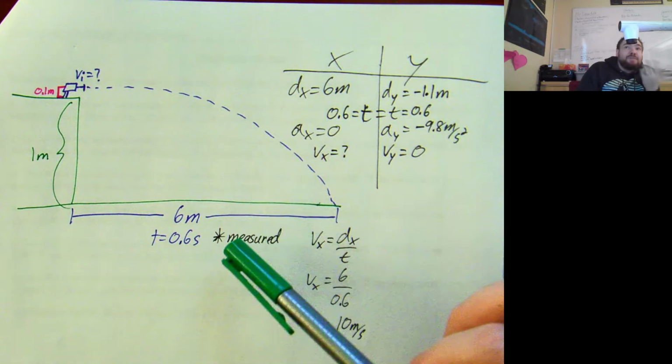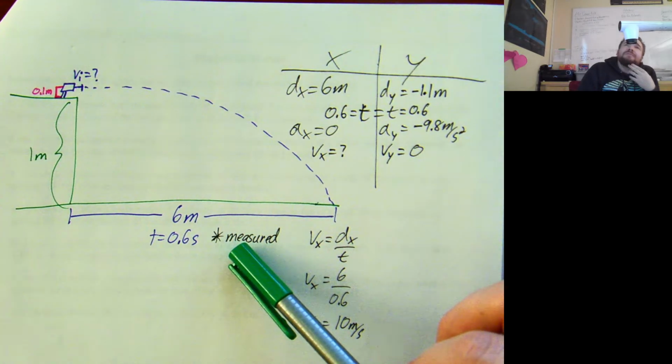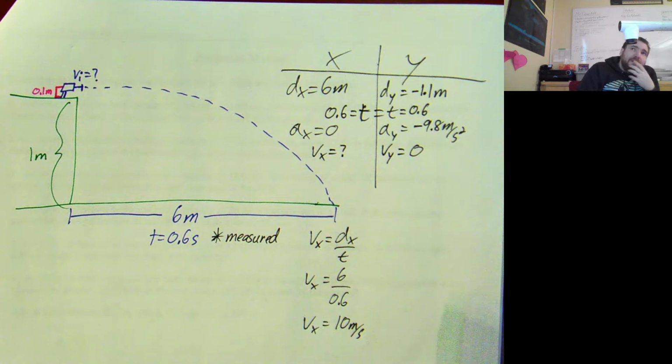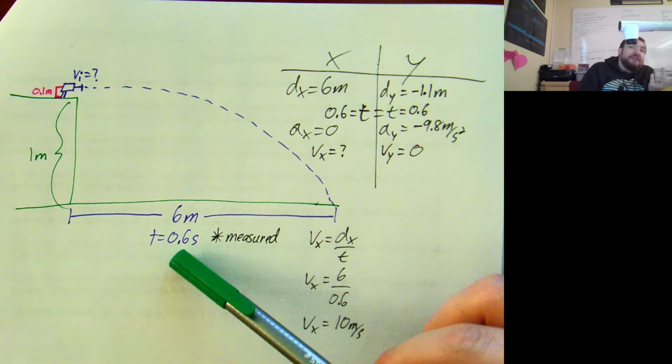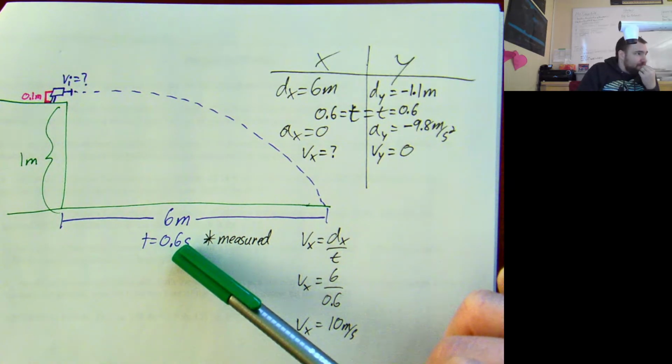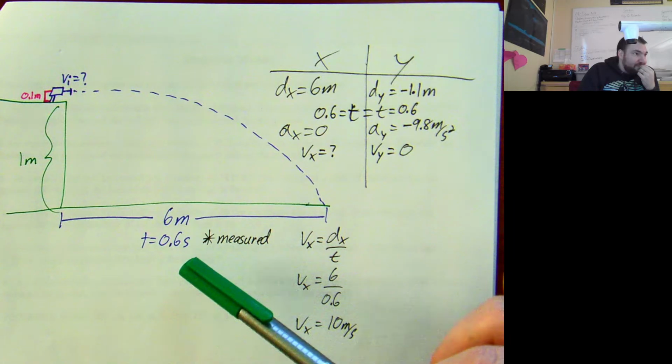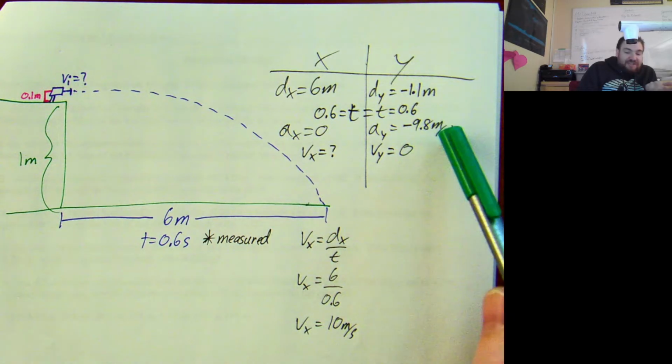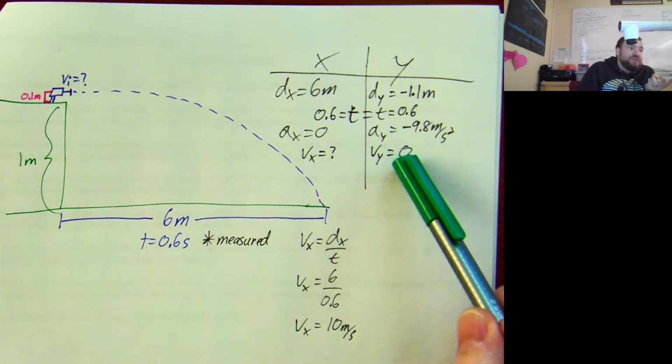But I told you this was measured. Do we have a way of figuring out if that's accurate? Well, we know what the acceleration due to gravity is. We know we didn't shoot the dart up.